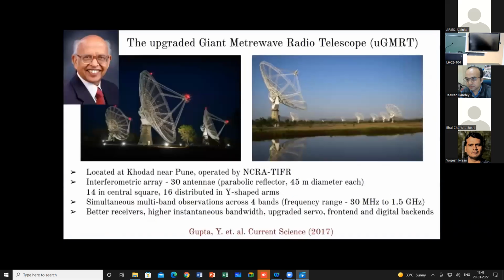All of the InPTA data is recorded using the upgraded GMRT, which consists of 30 antennae distributed in a central square and its Y-shaped arms. The upgraded receiver makes it possible to conduct simultaneous observations across 4 separate frequency bands with upgraded servo systems, front ends, and digital backends.